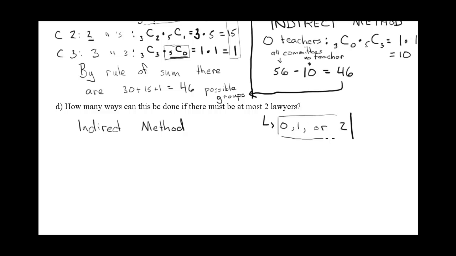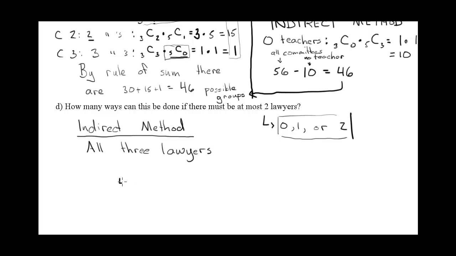Okay, so if this is the cases that satisfy, just look at the other case, or cases. Sometimes it will be more than one case. So indirect method, consider all 3 lawyers. If you're going to select all 3 lawyers, how many lawyers do you have to choose from?